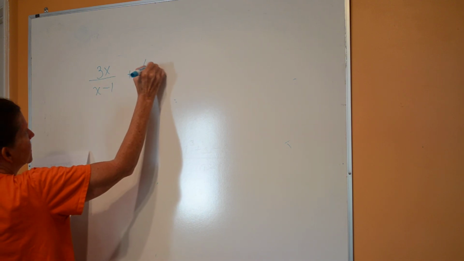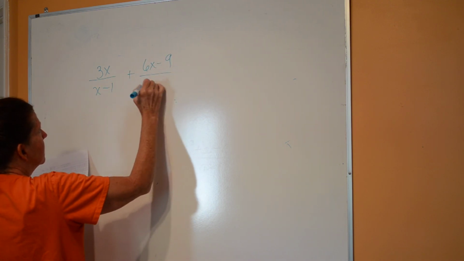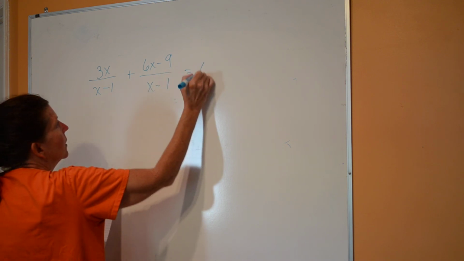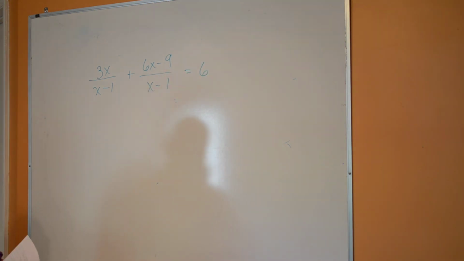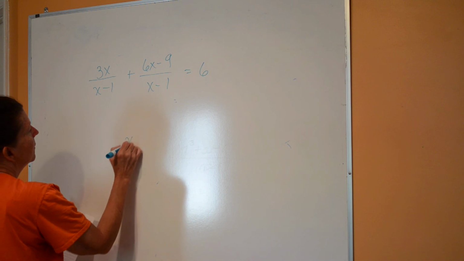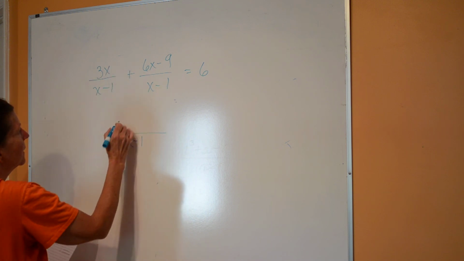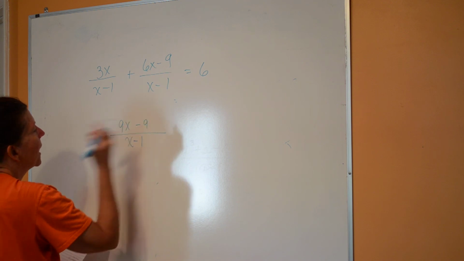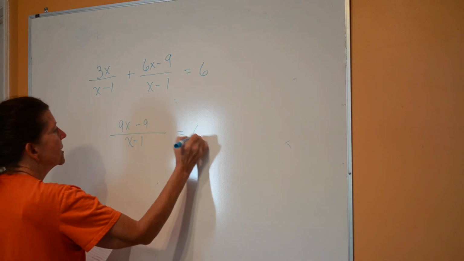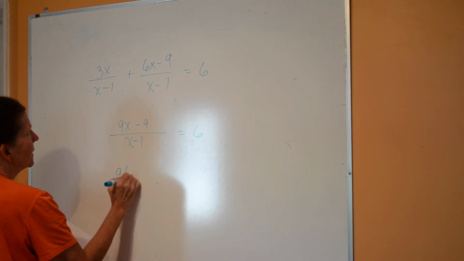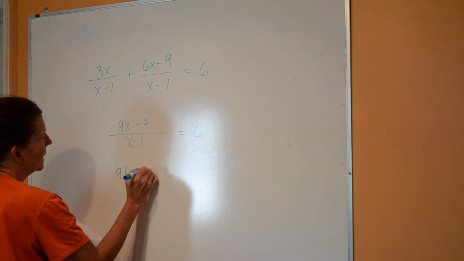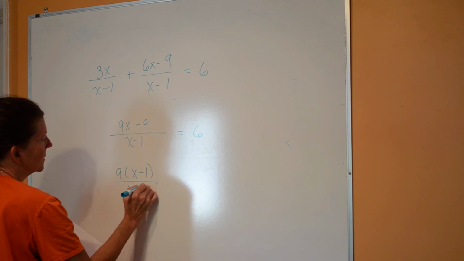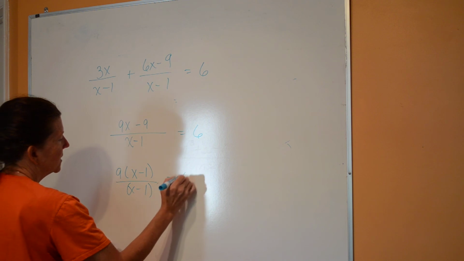Go ahead and try this one and we'll come back to the video. You'll notice they have a common denominator as it is, so I just combine like terms at the top, which gives me 9x minus 9 equals 6. If I factor out the 9, it gives me x minus 1 over x minus 1 equals 6.